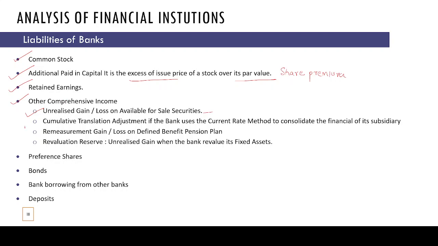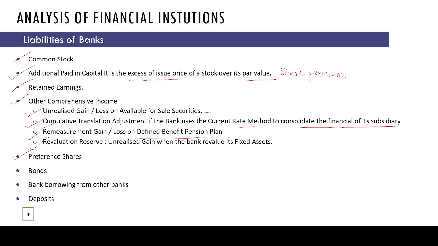Any cumulative translation adjustment if the bank is using the current rate method to consolidate the financials of its subsidiary. Any remeasurement gains or losses on defined benefit pension plan, and revaluation reserves, typically your unrealized gains when the bank values its PP&E, when the bank values its fixed assets.